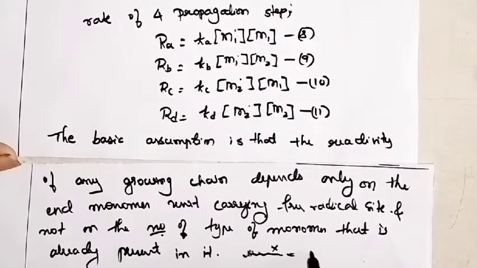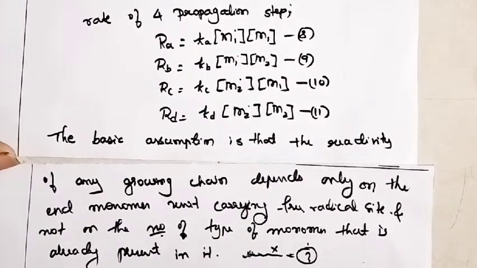It only depends upon which monomer is carrying the free radical at the end of the growing polymer chain. This is the basic assumption: the reactivity of any growing chain depends upon the end monomer unit carrying the free radical site, not on the molecules present in the interior of that chain.